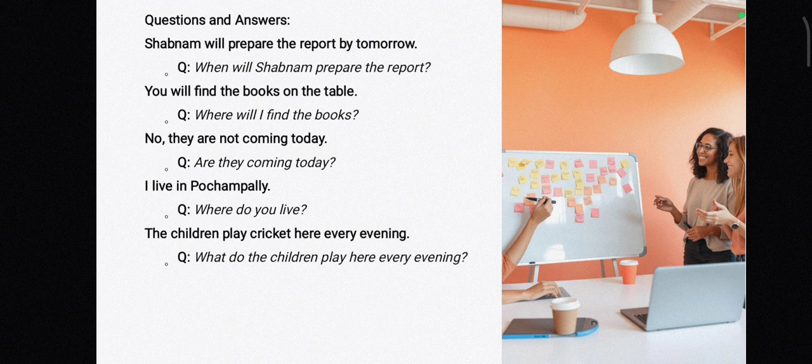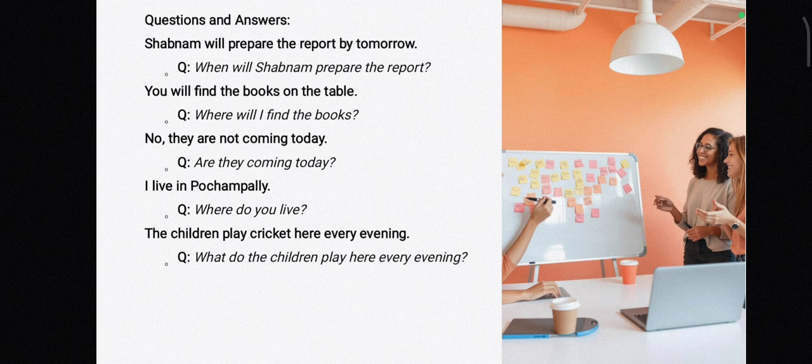Where will I find the books? Next one, no, they are not coming today. Are they coming today? It is a yes no question again. I live in Pochampalli. We need to know where they live or where he lives. So the question is, where do you live?